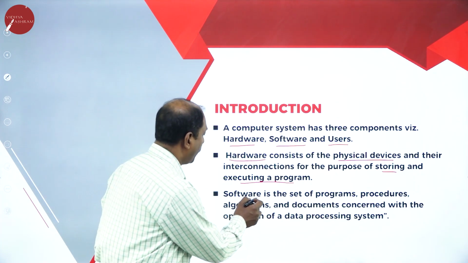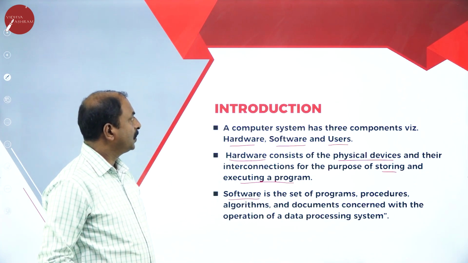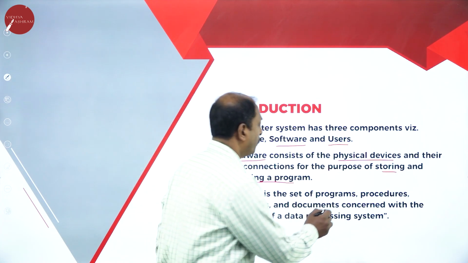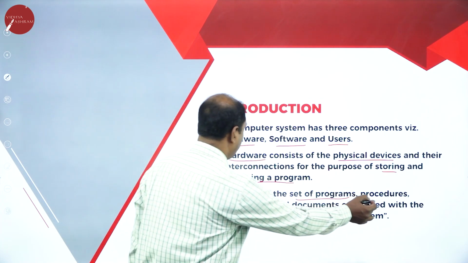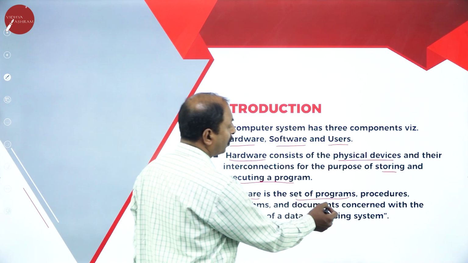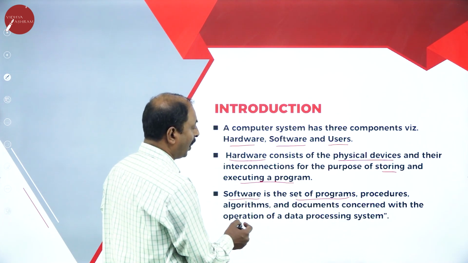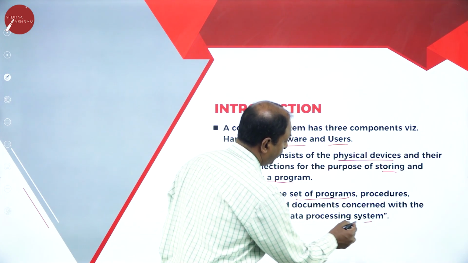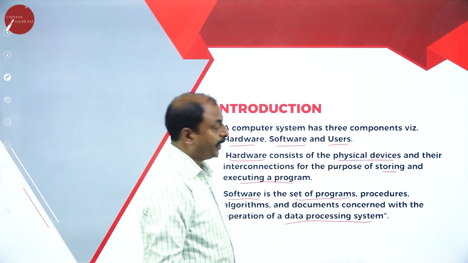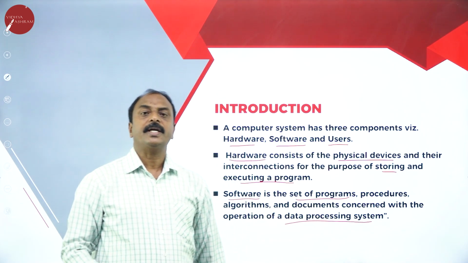Now, what is software? Software is the set of programs or procedures, algorithms and documents concerned with the operation of a data processing system. Here, a data processing system is nothing but a computer.